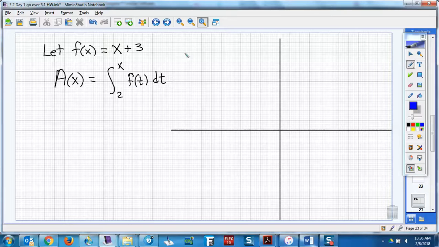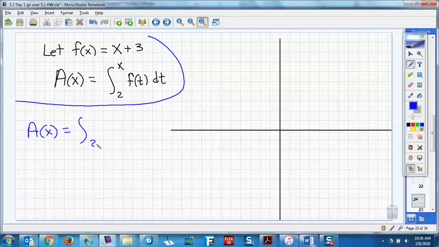Well, that's fine, but here's how this problem is sometimes given. Instead of given like that, sometimes it's just given this way: 2 to x, and instead of little f of t here, they put what? No, they don't put x plus 3. They put t plus 3, dt. This and that is the same information.